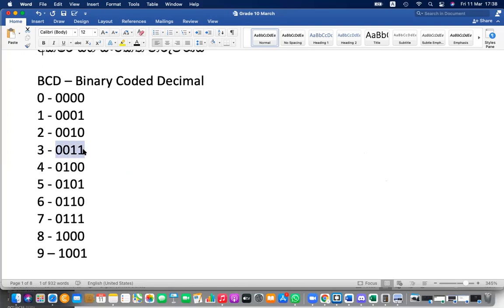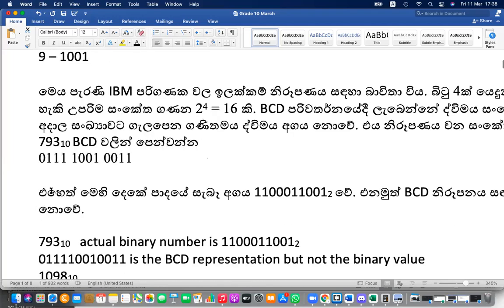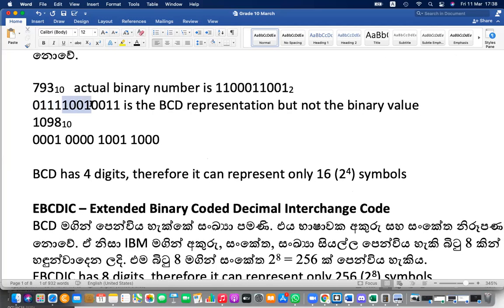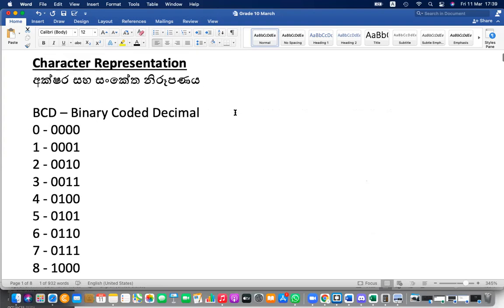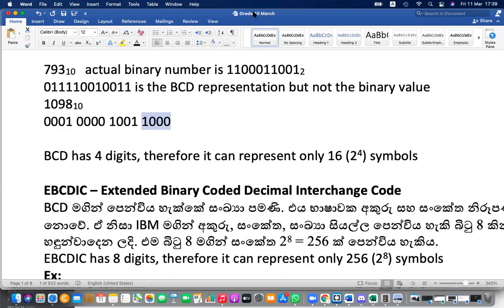That is how you represent the entire number. 793 you can represent using 7, 9, and 3. Similarly 1098 is 1, 0, 9, 8. It's easy because you have to look at the chart and write the symbolic value. That's it. A very simple way of representing numbers.